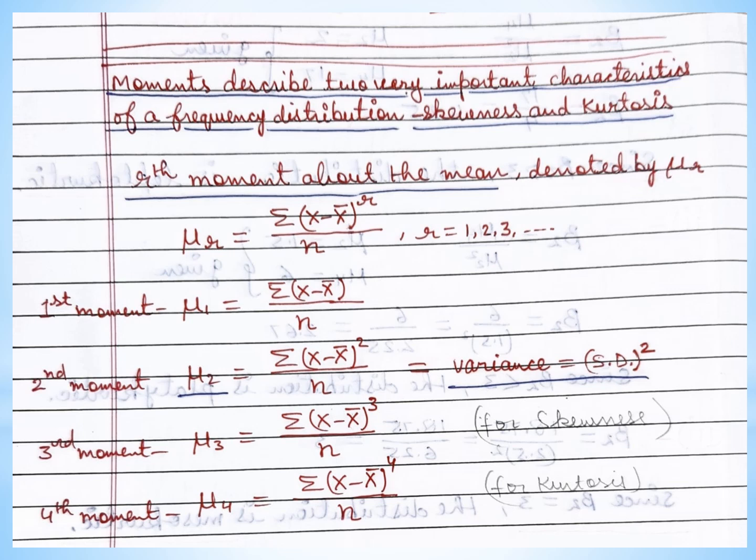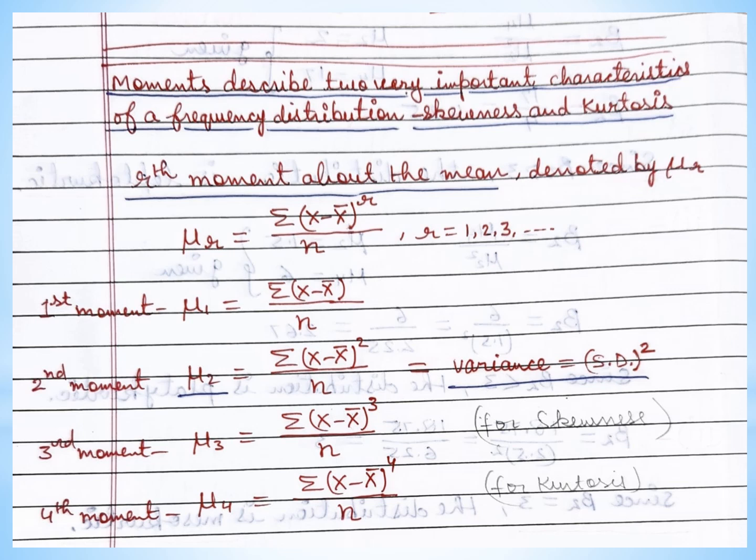The formula for the second moment mu2 is equal to sigma x minus x bar whole square upon small n. And the second moment, mu2, is always equal to the variance. Variance means the square of the standard deviation.